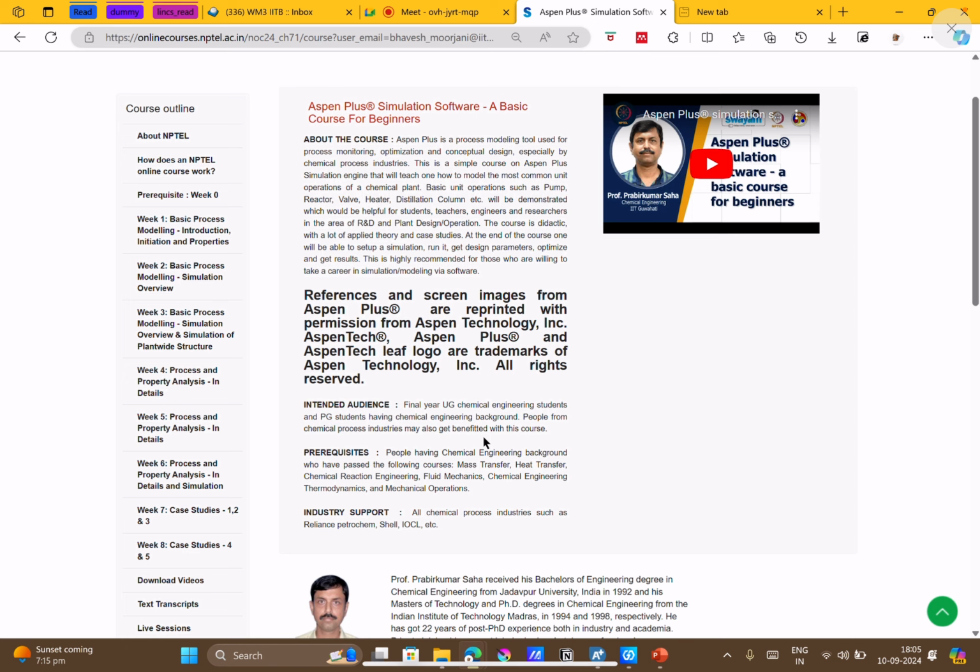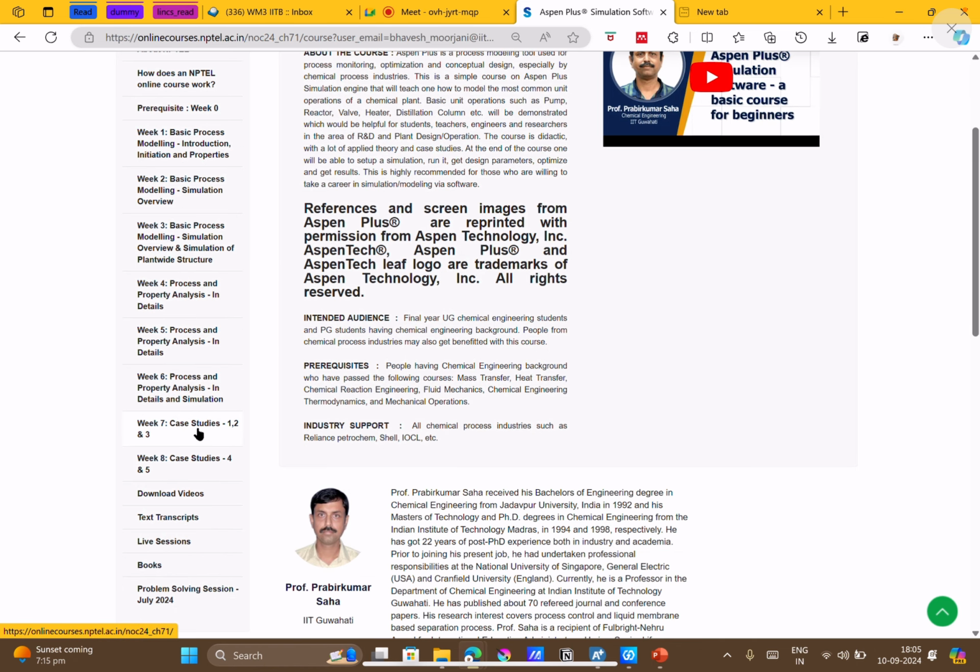Now from week 7 onwards, sir has started various case studies where small process plant operation will be simulated in Aspen Plus to find various properties, the desired separation amount, or anything, related to the actual process plant problem rather than just working with a small unit.